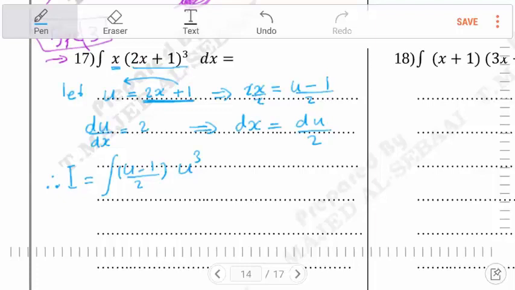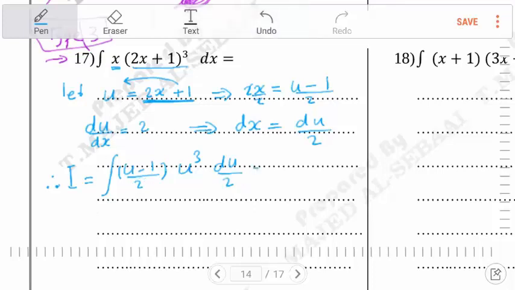Are you with me? Yes. And dx is going to be du over 2, because of this. Right? So I will take this 2 and this 2 outside the integration.